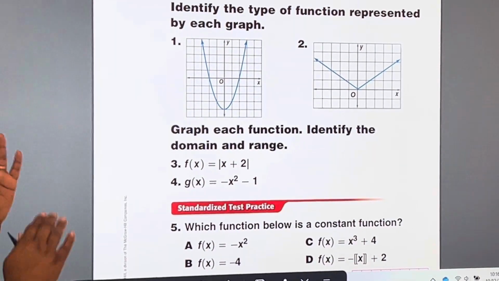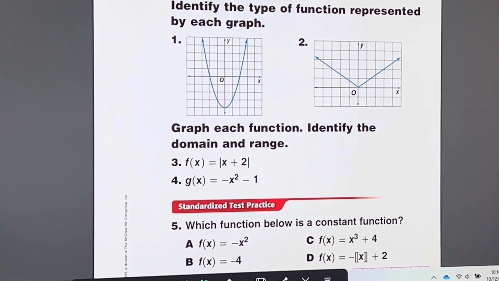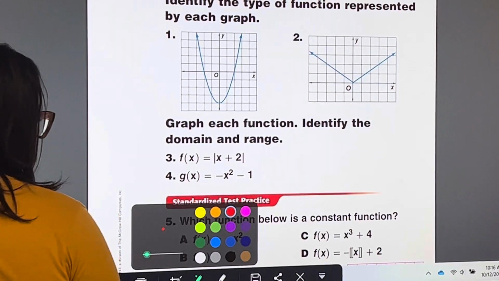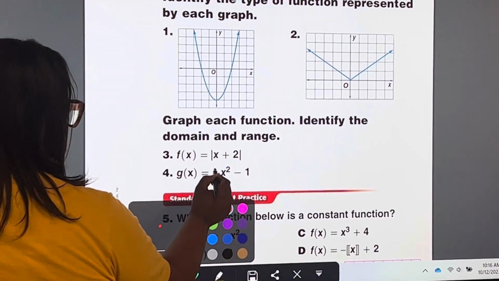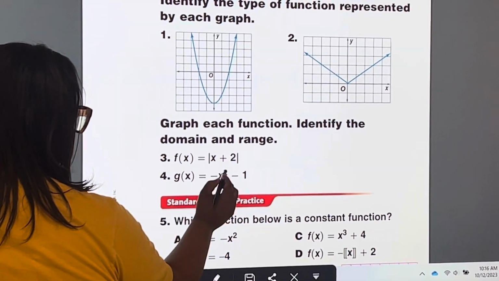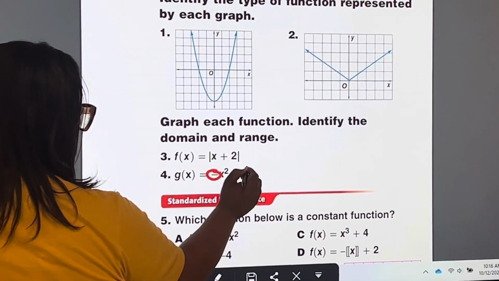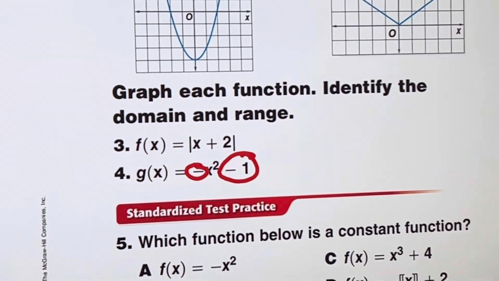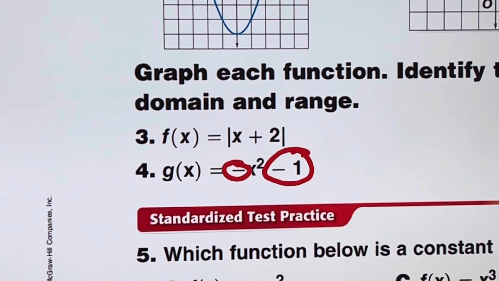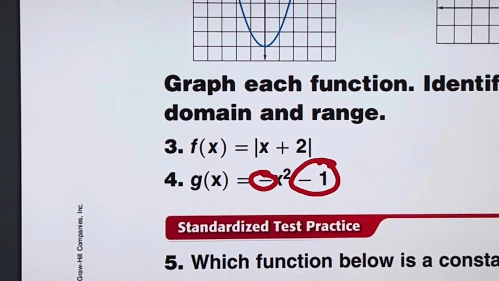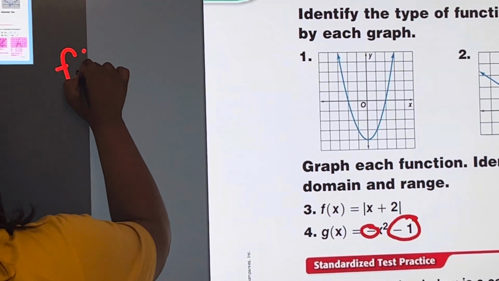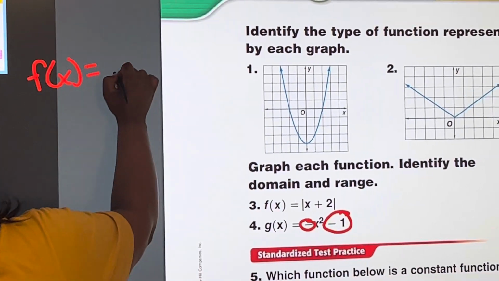All right, so we know the shape should be a U, but now we have to figure out what these parameters that they added do to the U-shaped graph. I see they added a negative in front. I also see they added a -1 in the back. So if I'm thinking back to last year, where we transformed functions in Algebra 1 with your teachers from last year, our parent function is f of x equals x squared.